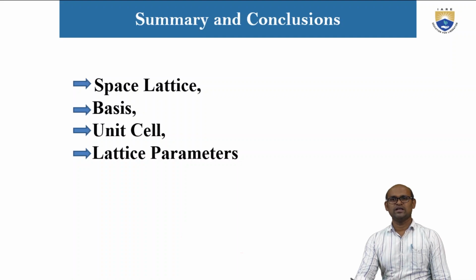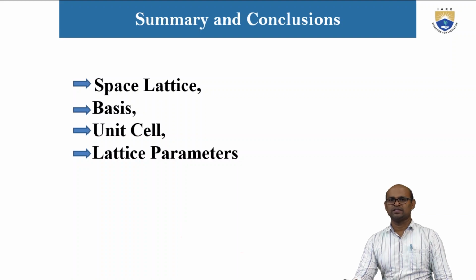Okay. Once we find out the unit cell, you can define the axial length or translation vector. Once you define the translation vector, you can define the angles between these crystallographic axes, which are called as interaxial angles, alpha, beta, gamma.